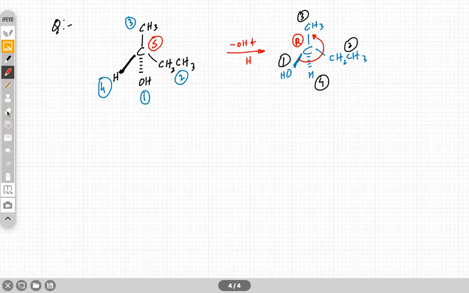It is anti-clockwise, so it is S. This one is S, anti-clockwise 1, 2, 3, and hence the original one would be R. So first we'll interchange the atoms or groups to fulfill the condition. Once it is done, we'll find out the configuration of that molecule, and then we'll check how many pairs of exchange we have. Accordingly, we'll find out the configuration of the original molecule.